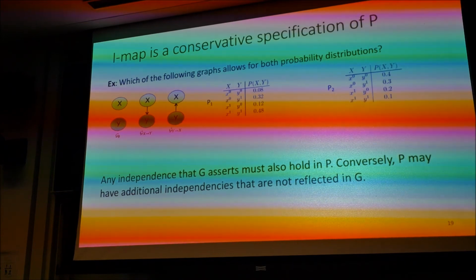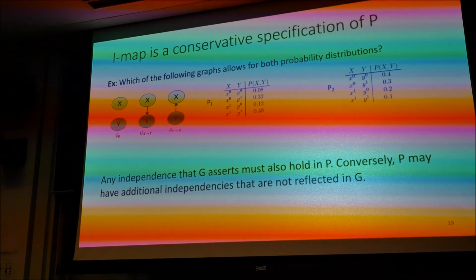Now, my question is that between these three, which of them allows both of these distributions, P1 and P2? Any idea? As a hint, look at the numbers.